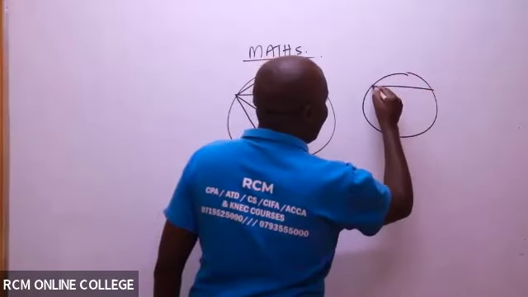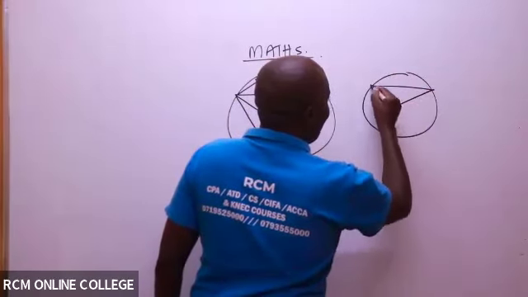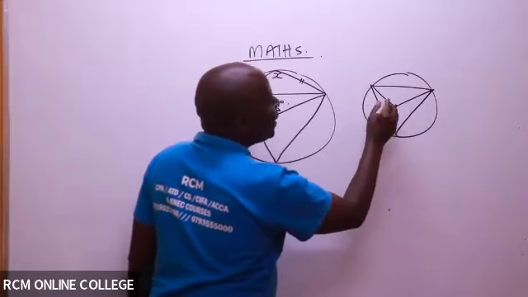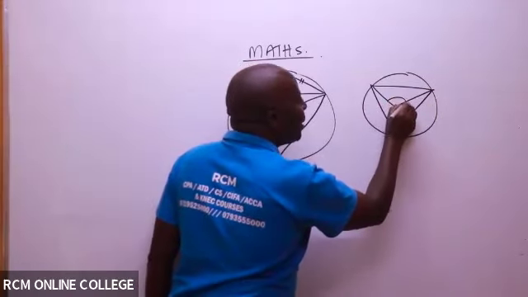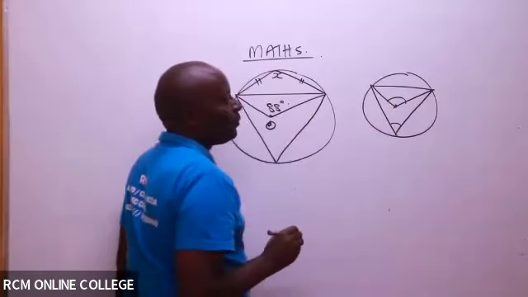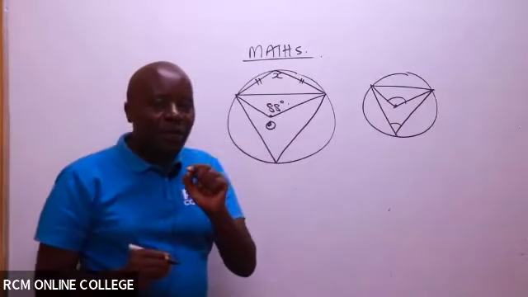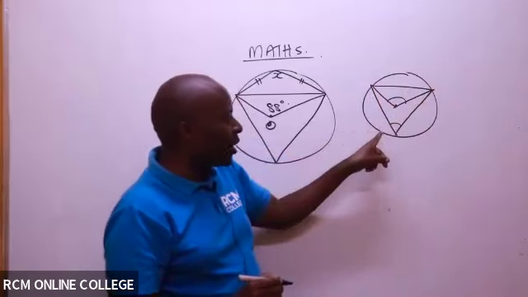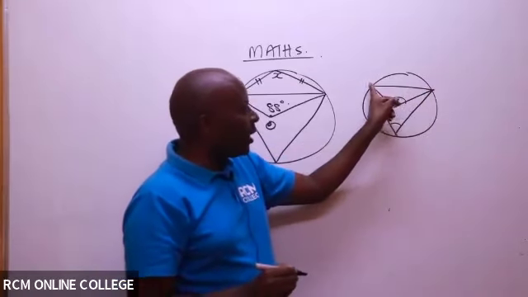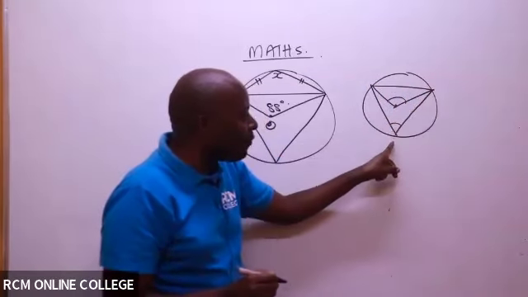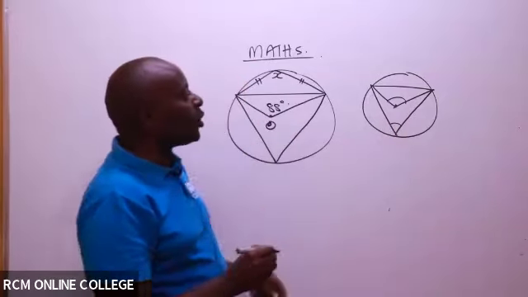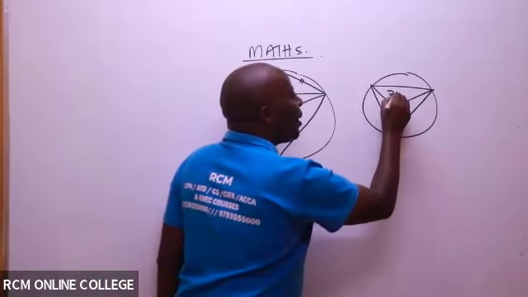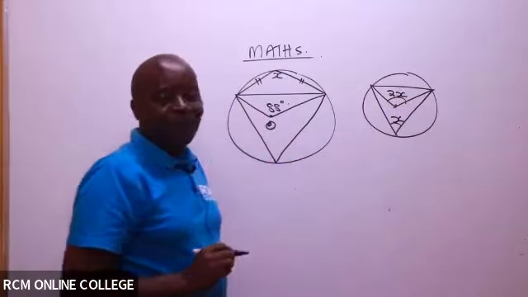So if we have the center here, and then we have this one here, like that. You are told that there is a clear relationship between these two angles, so long as they're coming from the same chord, one to the center, the other one touching the circumference. The relationship between the two is that if this angle here is X, then this angle here will be 2X.